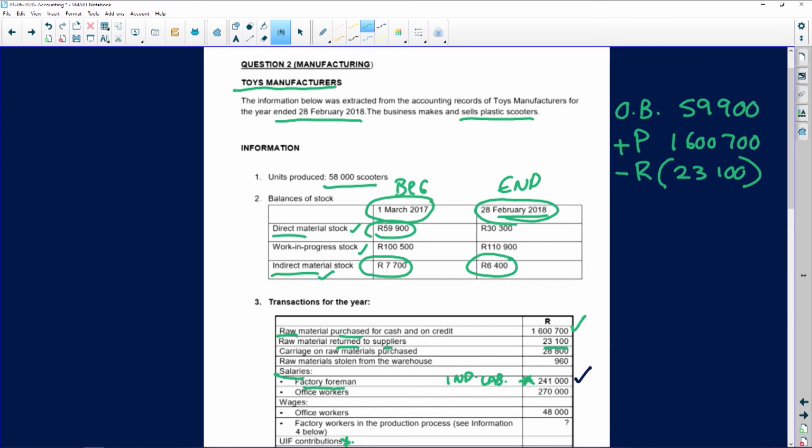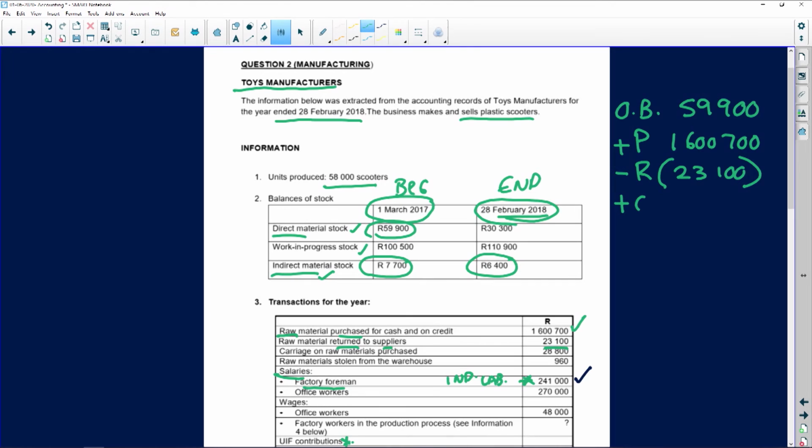Right, then carriage on raw materials purchased. So please remember, guys, carriage increases the value of your raw materials. So you're obviously going to add carriage on purchases. So your carriage on purchases, an amount of 28,800. You're obviously adding carriage.